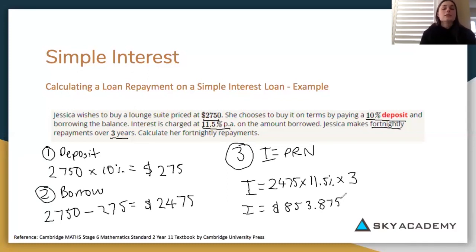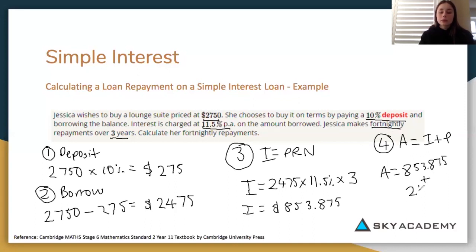So now we found the deposit, we found how much she's going to borrow, and we found how much the interest will come to. So now we have to figure out the total to be repaid. And that's by doing A equals I plus P. And so A is going to equal our interest, 853.875, plus the principal, which was the amount borrowed, 2,475.